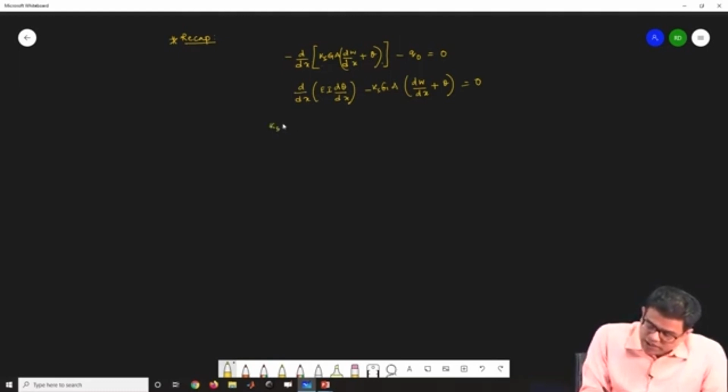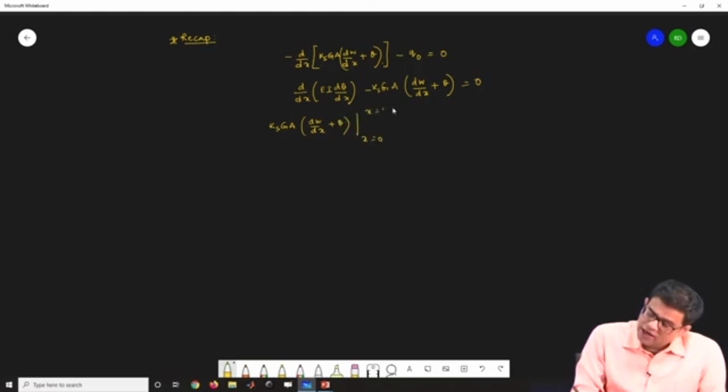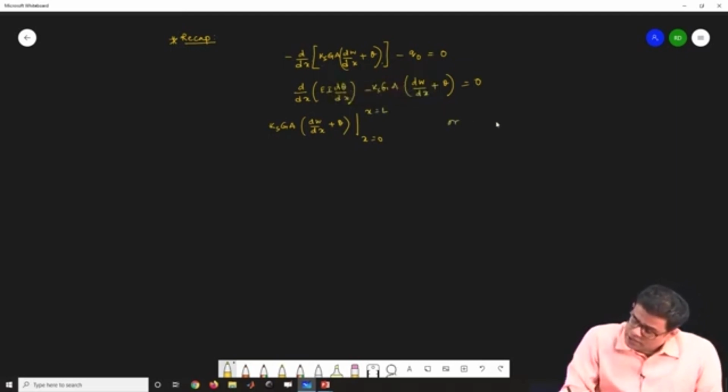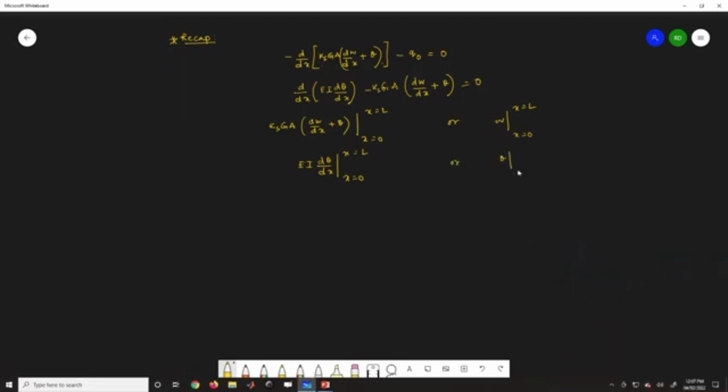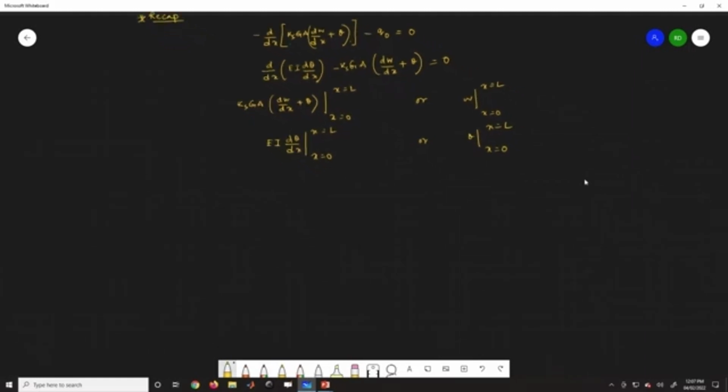The shear boundary condition, ks G A into dw dx plus theta, has to be given at x equals 0 or x equals L, or the displacement W has to be given at x equals 0 or x equals L. Another boundary condition we need is EI d theta dx at x equals 0 and x equals L, or theta at x equals 0 and x equals L. So this is the governing equation that we are trying to solve in a weak form.